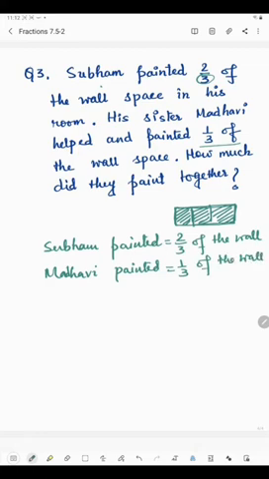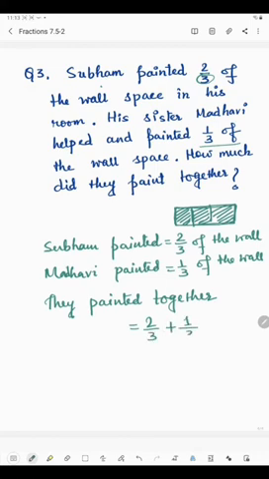Now how much did they paint together? So to find this we have to add. Okay, so we'll write they painted together is 2 by 3 plus 1 by 3.